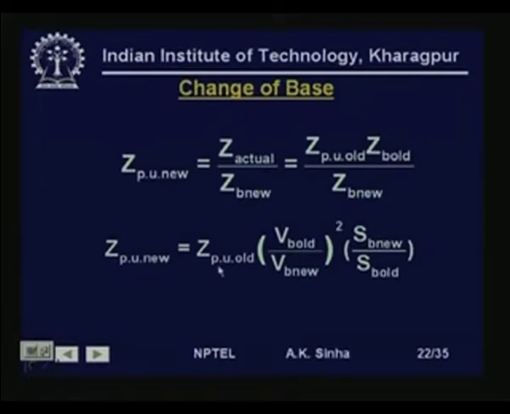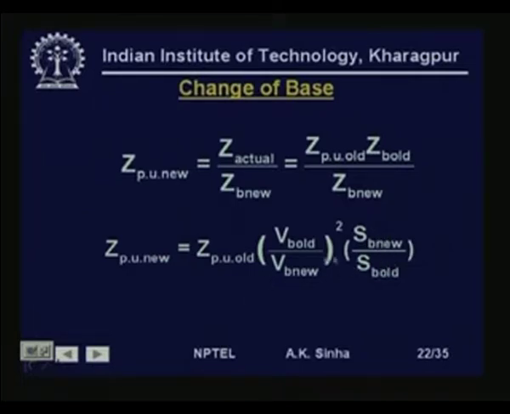This can be written as Z per unit old into (V base old by V base new) squared into S base new by S base old, when we substitute for Z base old as V base old squared by S base old and Z base new as V base new squared by S base new.